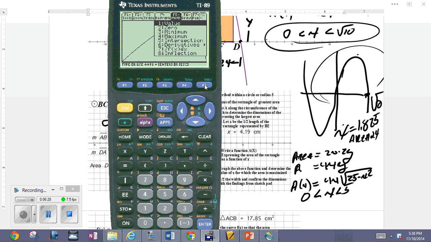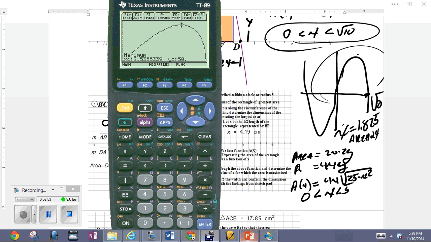F5, maximum. From the left side, which is the lower bound of that high point, over to the right side. That's good enough right there. Let it hone in on it. It comes back and reports 3.53 with an area of 50.